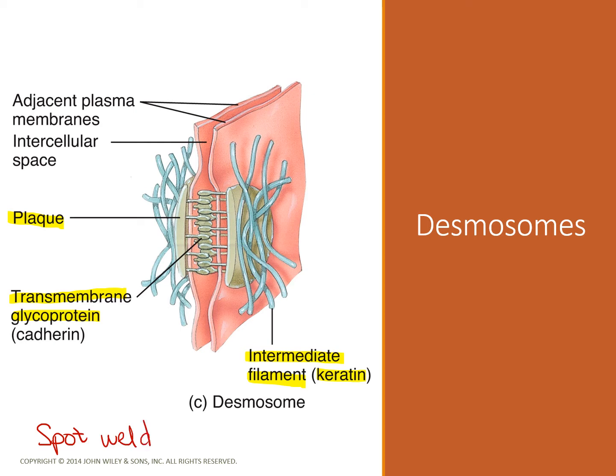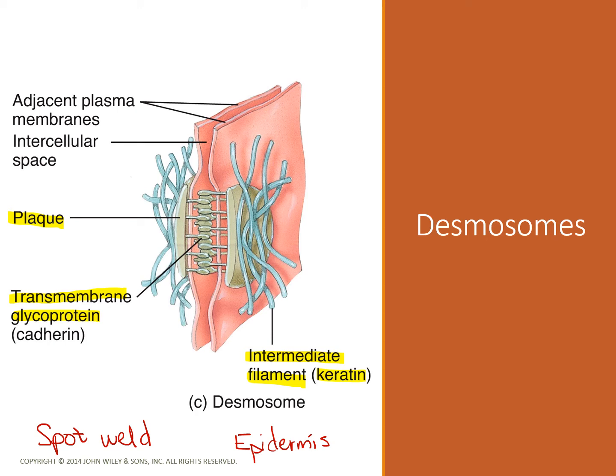These are really common among the cells that make up the epidermis. Remember, we'll talk about it later, but the epidermis is the outermost layer of the skin. They're also very common among cardiac cells in the heart.